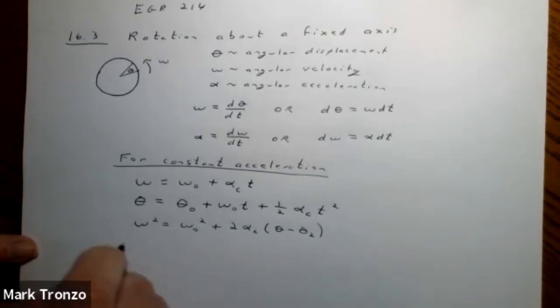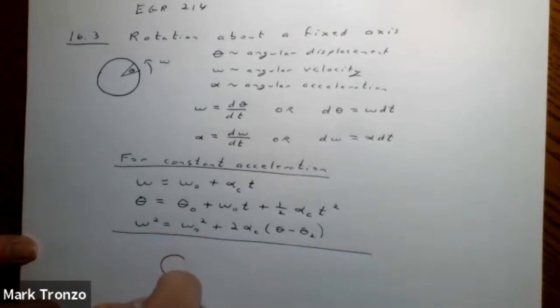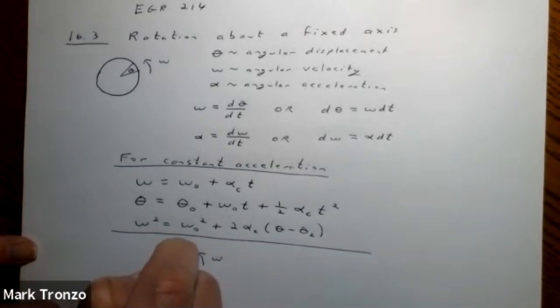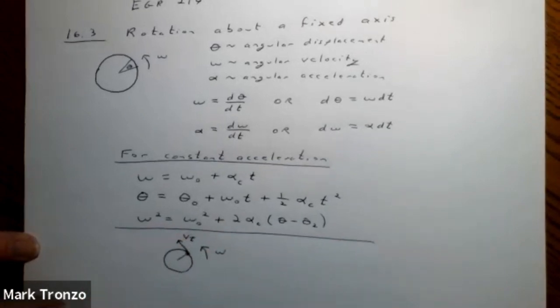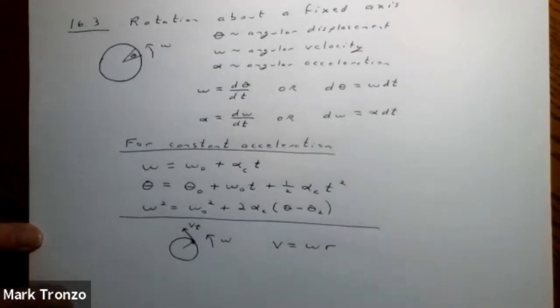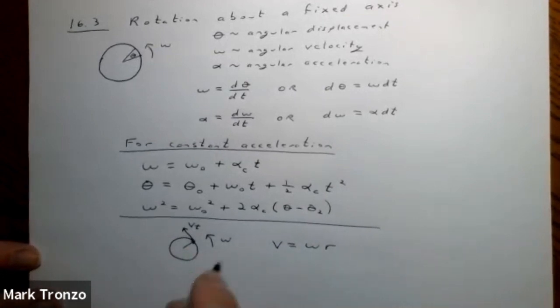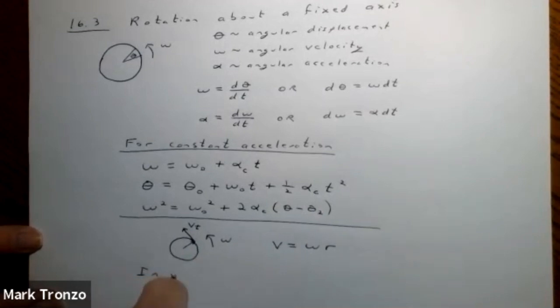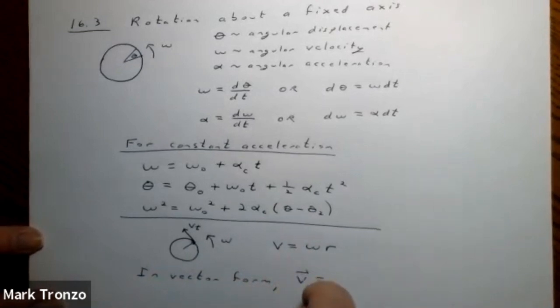And then, of course, from before, in the last section I believe, if you have something turning at some speed omega and at some radius r, the tangential velocity v of t is like this, and the velocity is always equal to omega r. And in vector form, which we're going to use once in a while, we're going to have this.